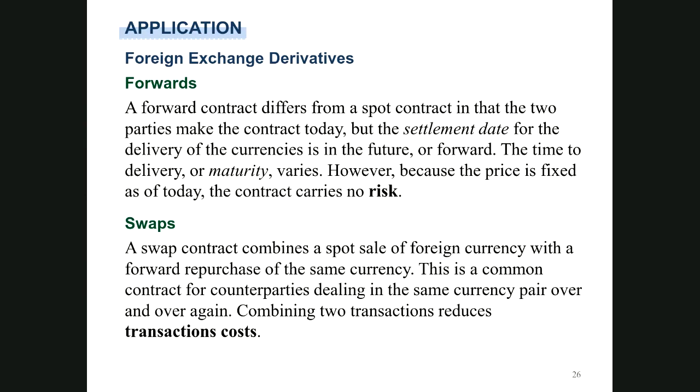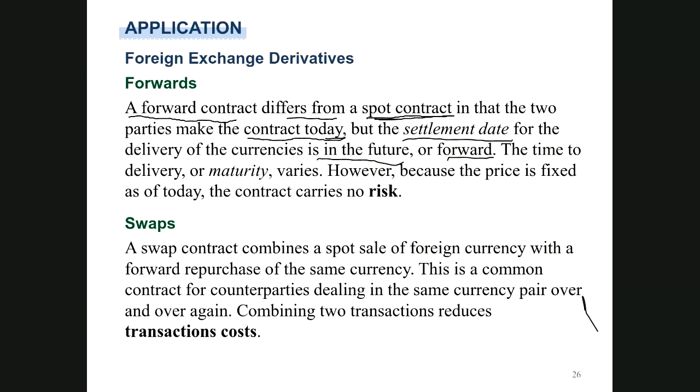So first of all, what are forwards? A forward is basically just the future exchange rate. A forward contract differs from a spot contract in that the two parties make the contract today, but the settlement date, meaning the date you get your foreign currency and pay for it, and the seller of the foreign currency receives your payment, is in the future, or forward.